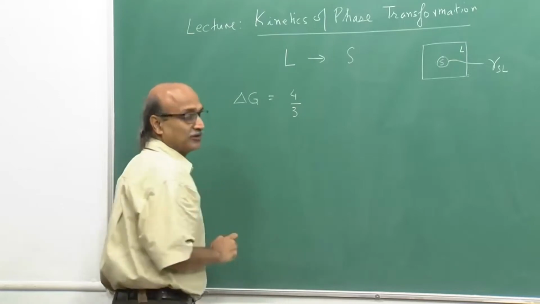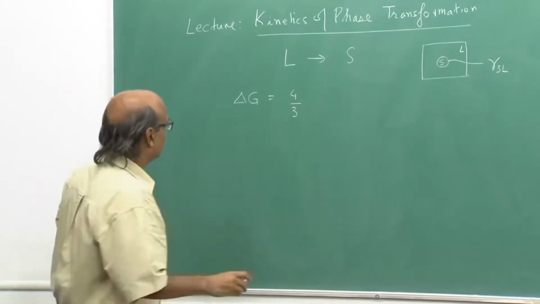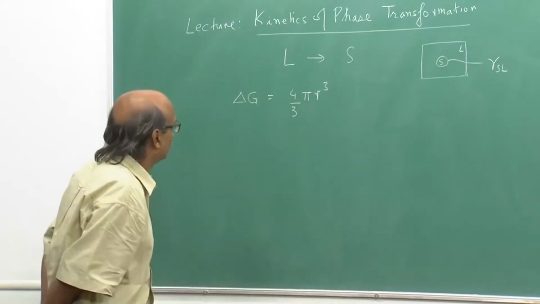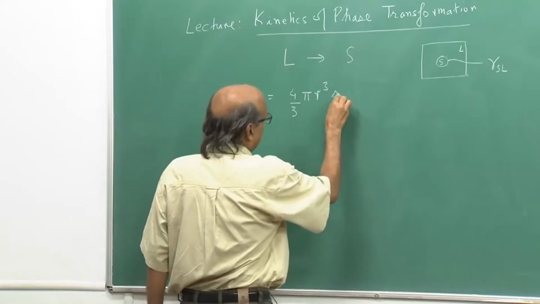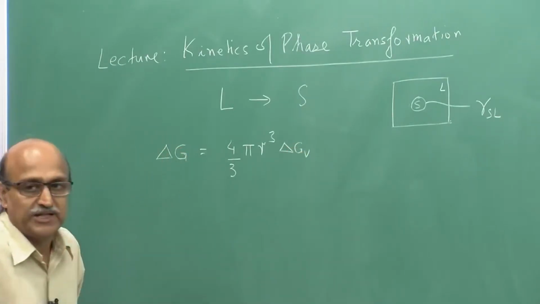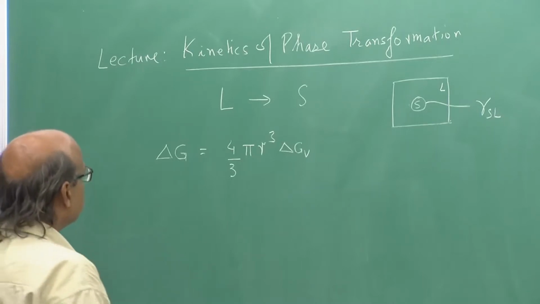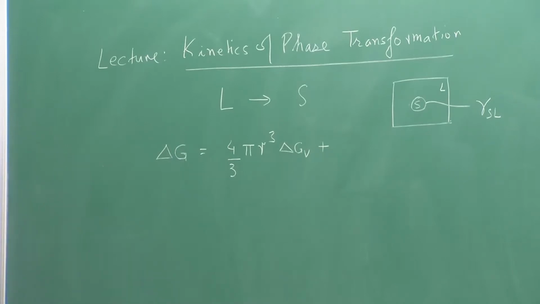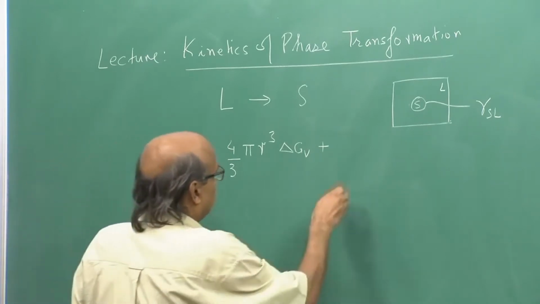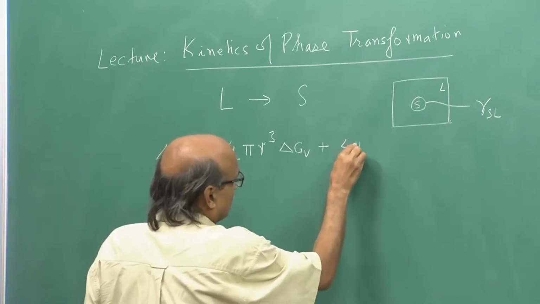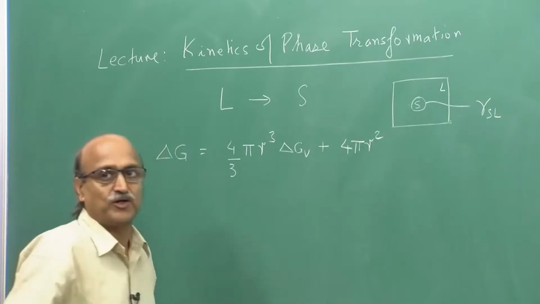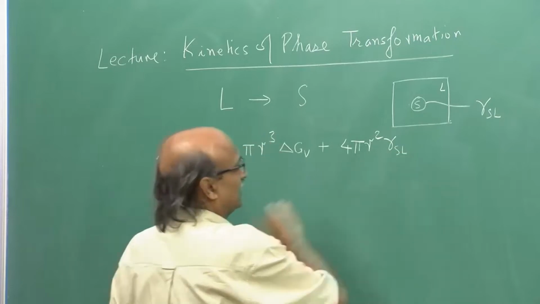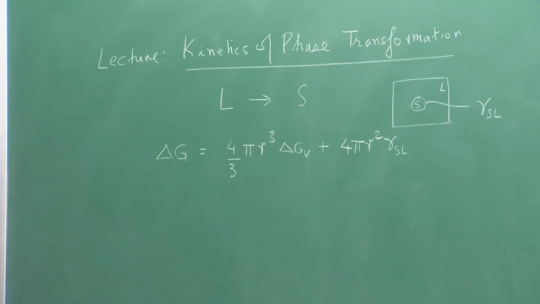And let us say if this nucleus that forms is a spherical nucleus of radius r, then its volume would be 4 by 3 pi r cube multiplied by the change in free energy per unit volume, and an additional term due to the solid liquid surface that is created also comes in, which is given by the surface area of the nucleus multiplied by the surface energy gamma SL.